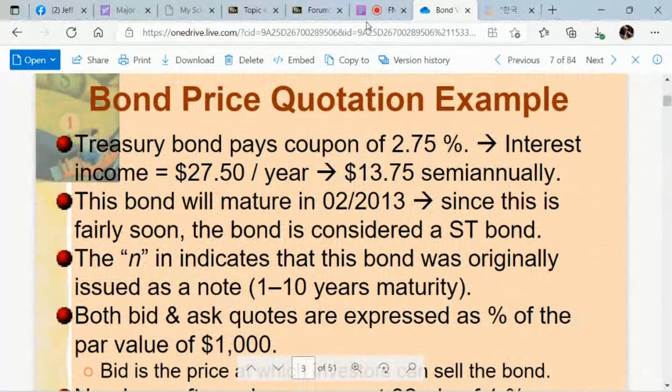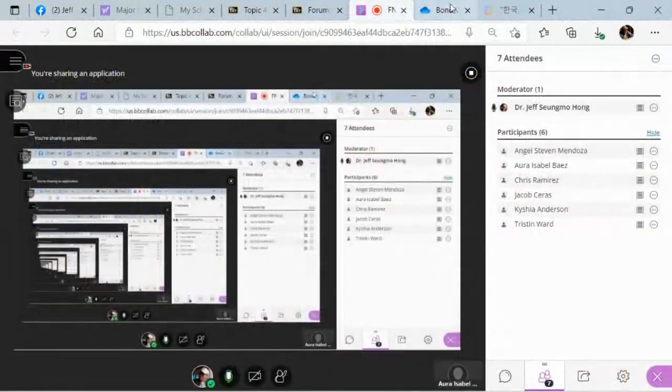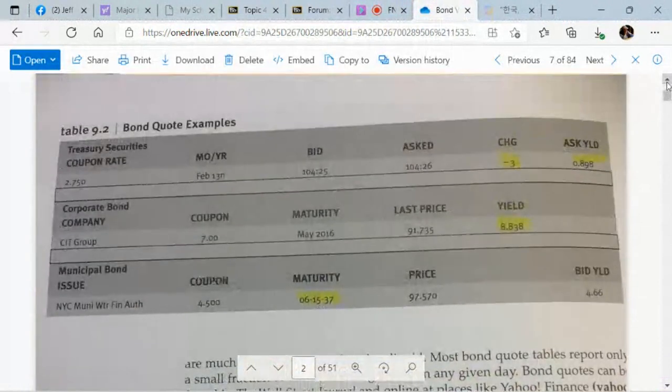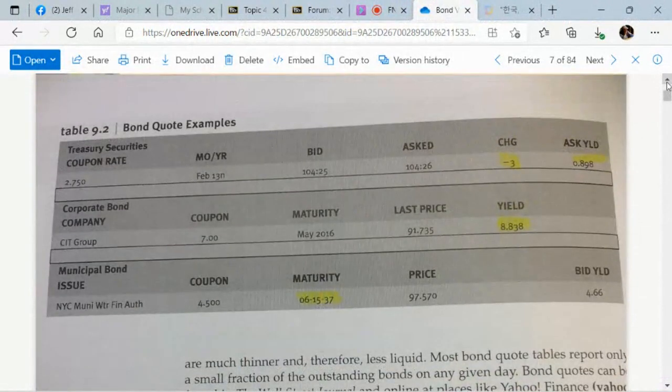that's basically how the bond quotes are expressed in the print media, right? In online media, it could be more simplified than this.